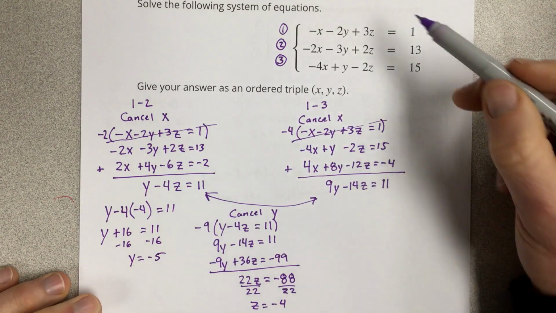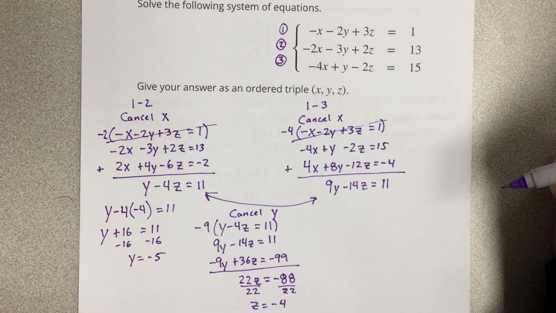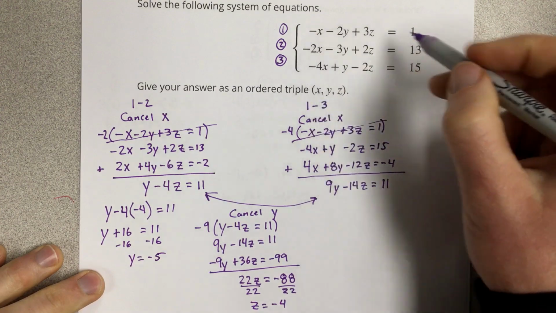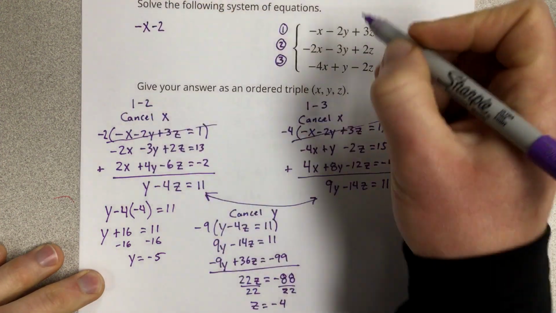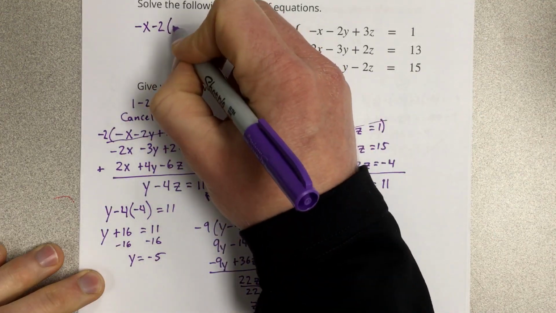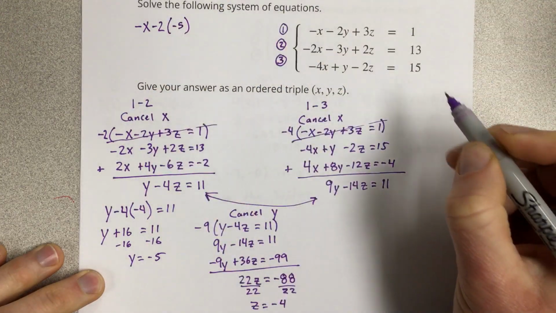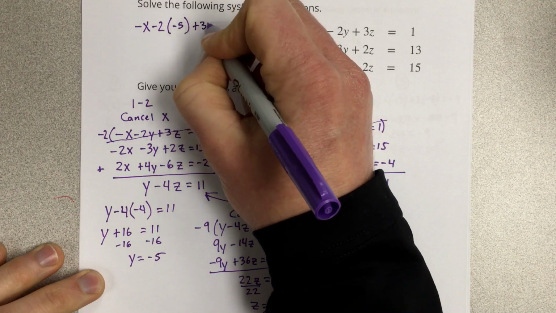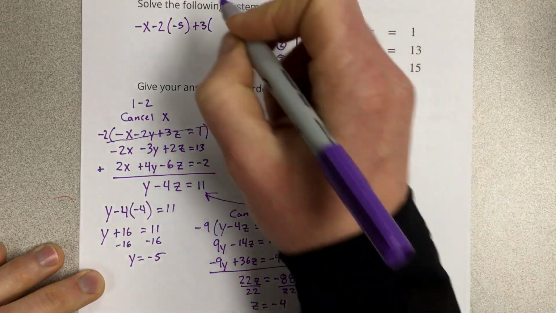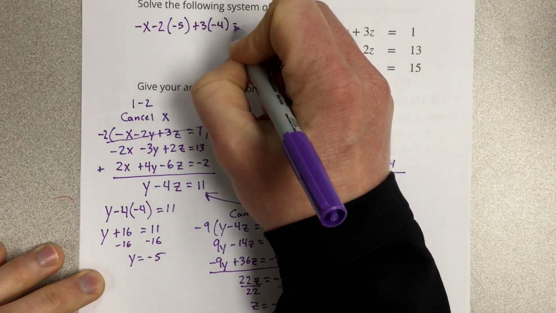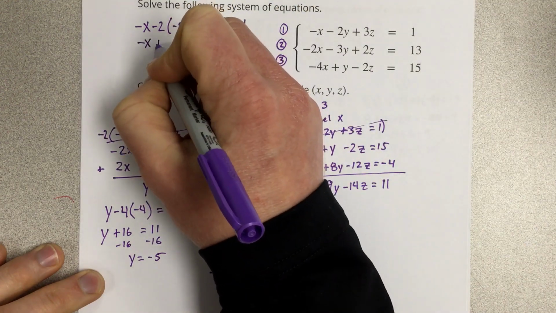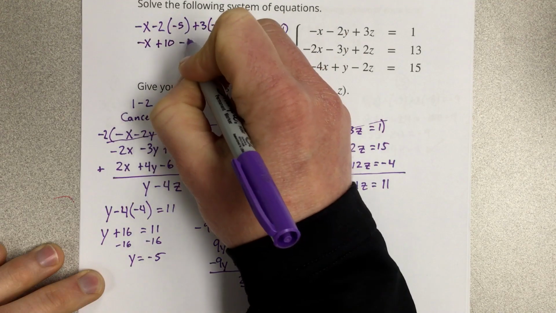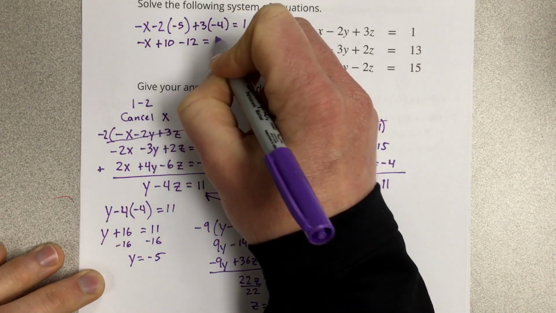I can come back to one of these original equations and figure out what the x value would be. So let's take the top equation, and we'll write negative x minus 2 times the y value, which is negative 5, plus 3 times the z value, which is negative 4, equals 1. And that'll give you negative x plus 10 minus 12 equals 1.